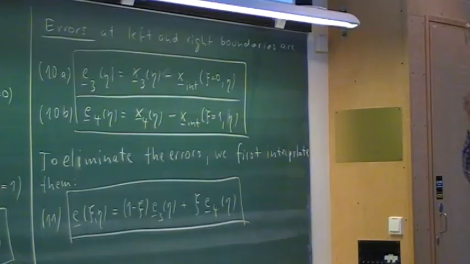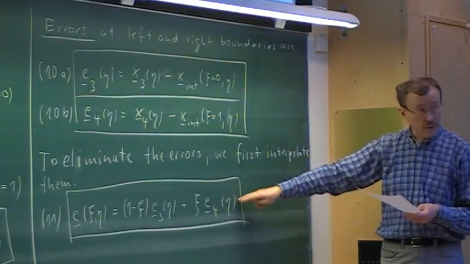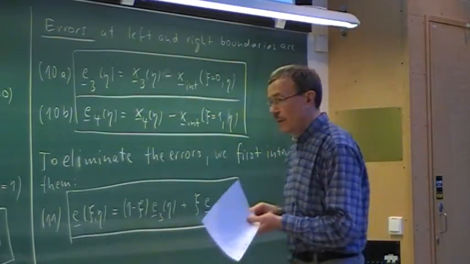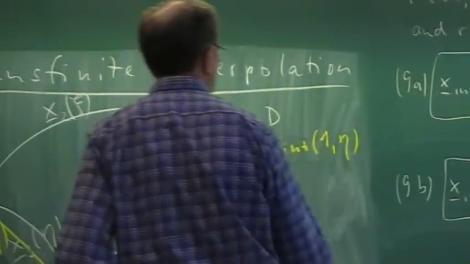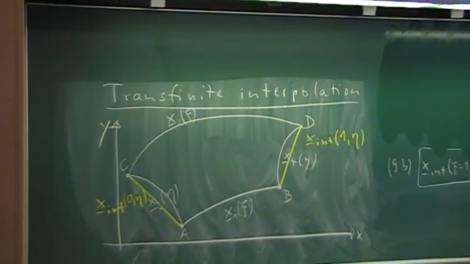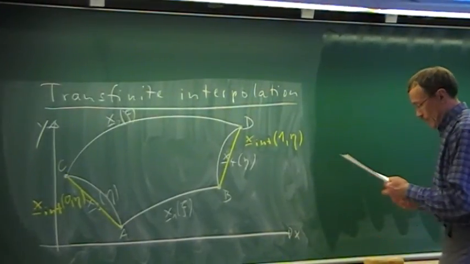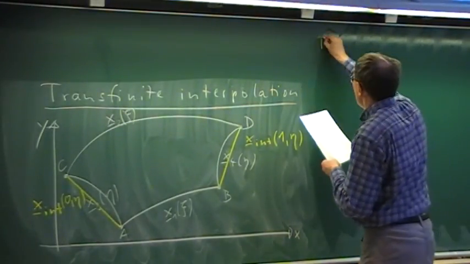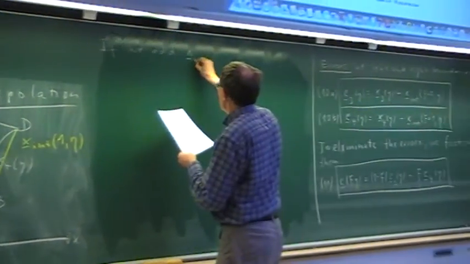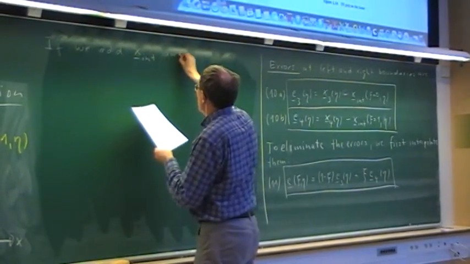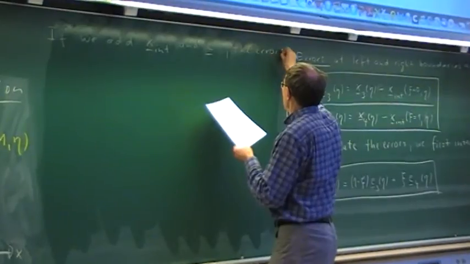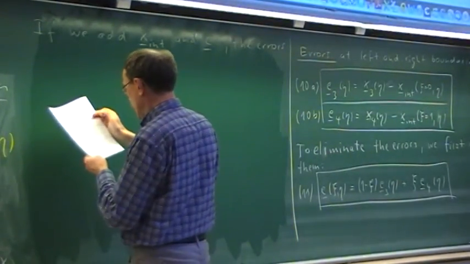We add the interpolated coordinates and these interpolated errors, and then the errors at the boundaries are eliminated.